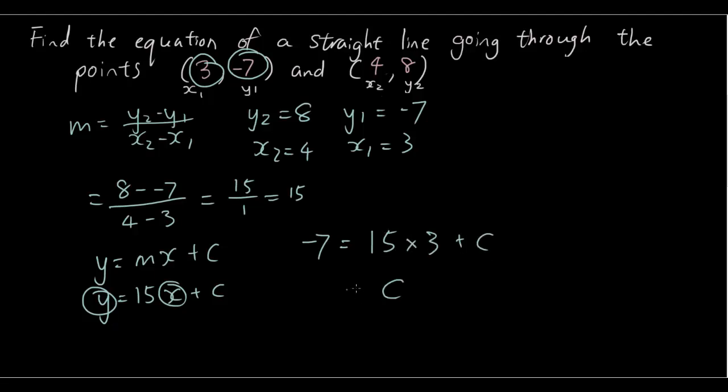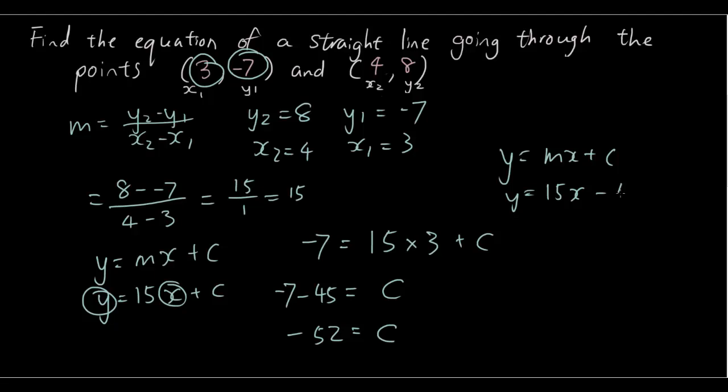So c is equal to -7 minus 45, which becomes -52. So the answer to this question is y equals 15x minus 52. So that's our final answer.